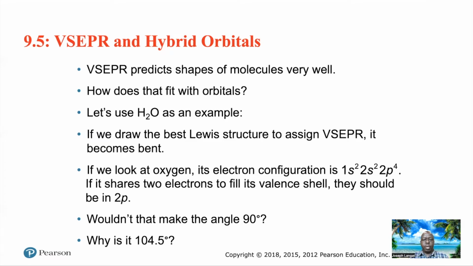If you look at the electron configuration for oxygen, there are 4 electrons in the 2p orbitals. We would expect to form 90 degrees, but the bond angle in H2O is 104.5 degrees.